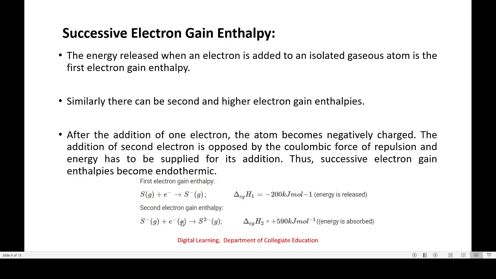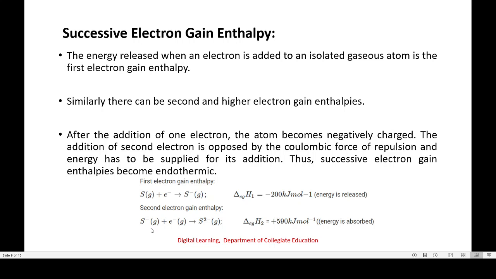And when we add the second electron to the first anion, the electron gain enthalpy is plus 590 kilojoules. So if an atom has a spontaneous tendency to gain an electron, that is the first electron gain enthalpy. The second, it is reluctant to accept.